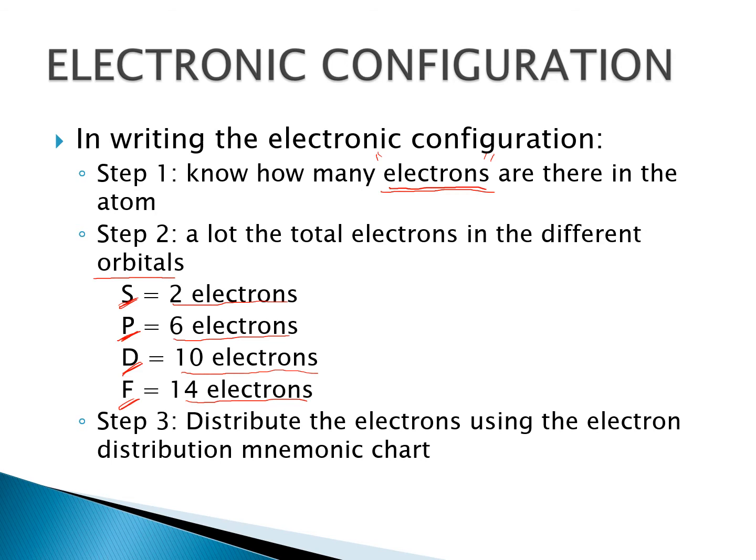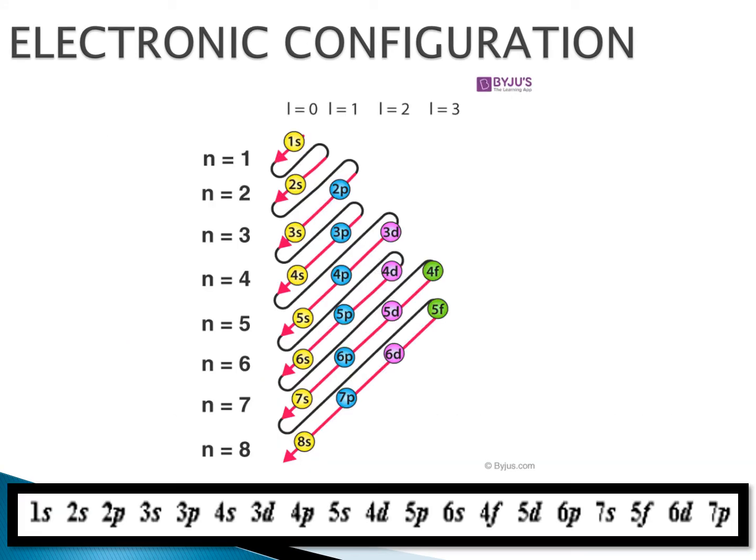Don't worry, because it will be given to you. It is readily available with your periodic table, or you could use Google to search for an electron distribution mnemonic chart.